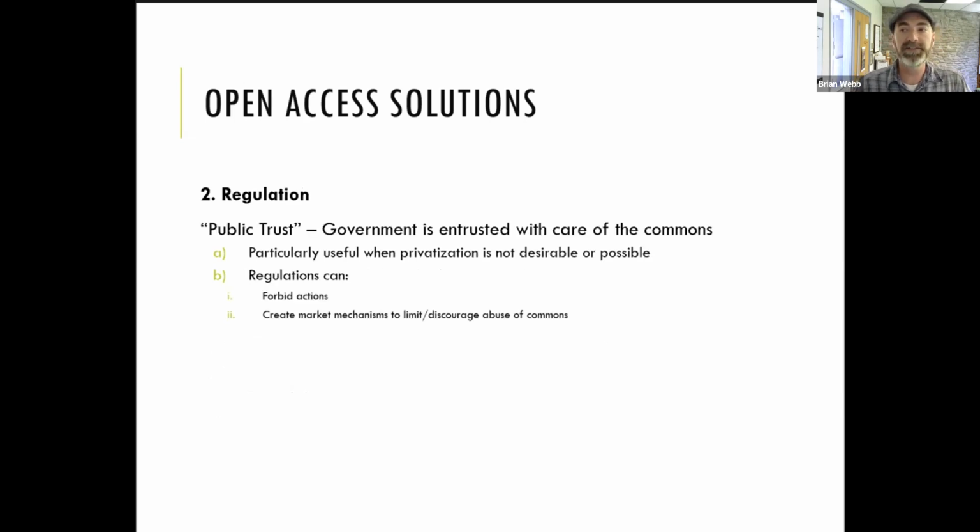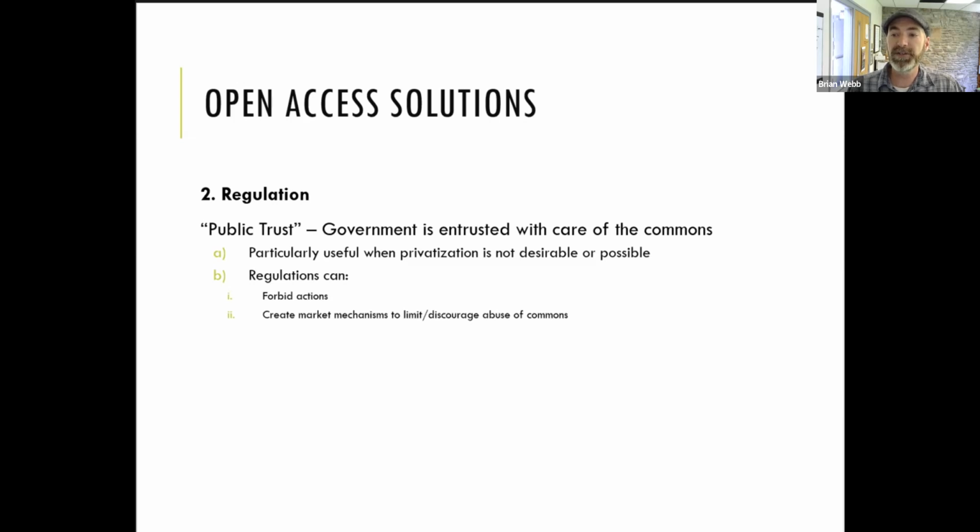A much more common solution that we see is that of regulation. So regulation, the basic idea is that if the resource belongs to a community, maybe it's the global community and the resource is the atmosphere, maybe it's a community that a river flows through and the resource belongs to the community. Everyone in the community uses it and benefits from it.